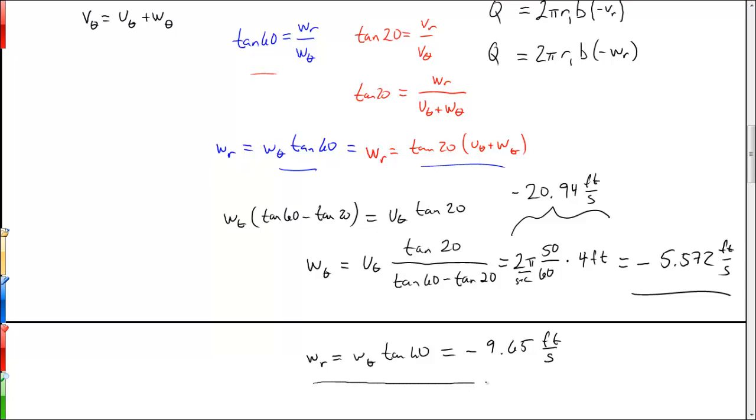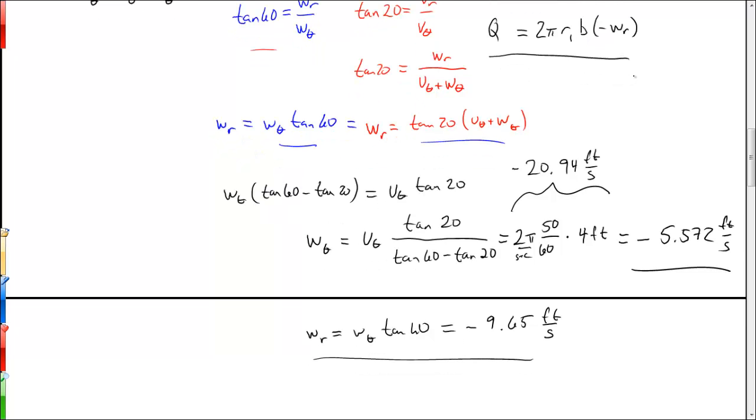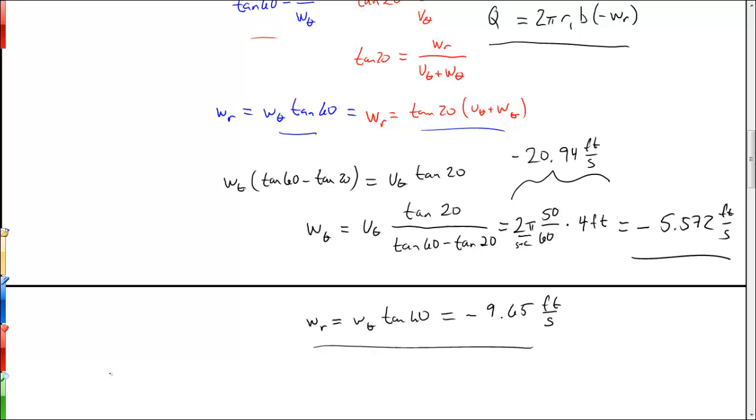So we can substitute this into this and rearrange, and we get B, the thickness of our blade, is equal to Q over 2 pi R1 times minus WR. I'm not going to write that out, but let me store that value.